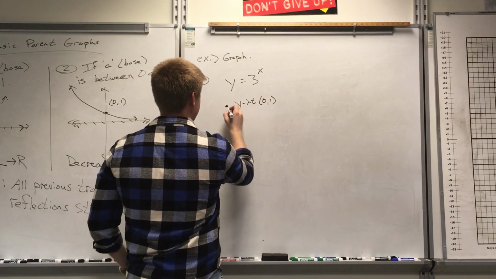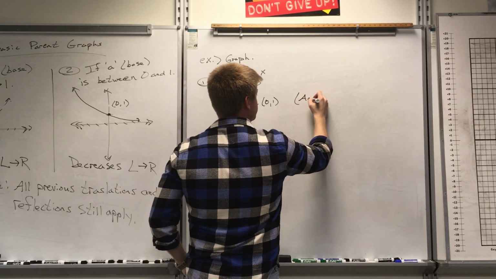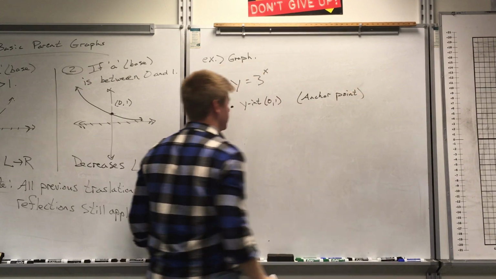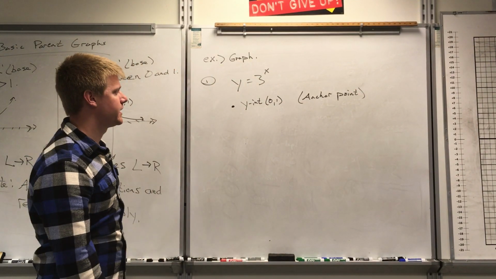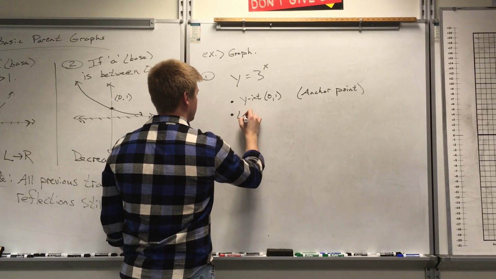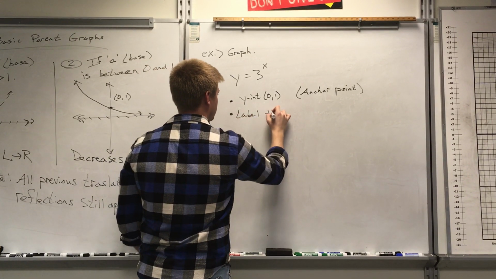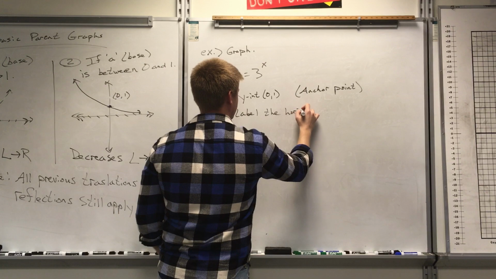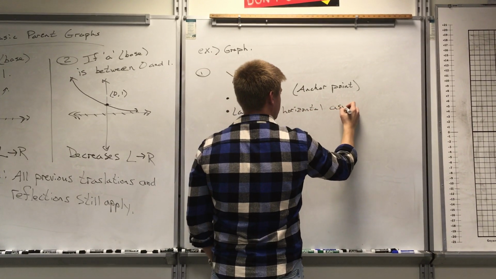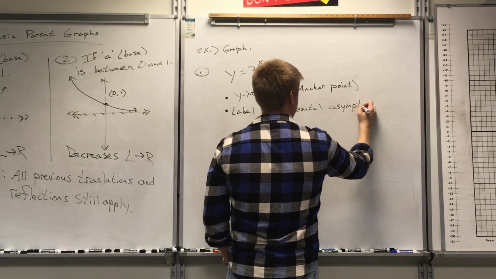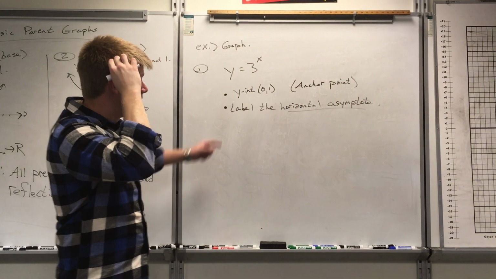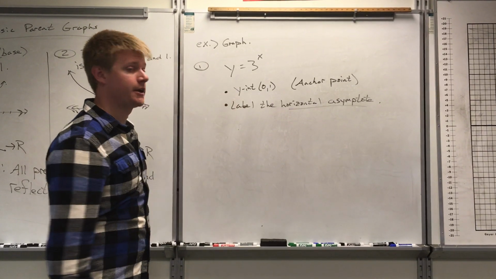Next part. These are going to be the key things that I want you to use for these graphs. First off, label what I like to call your anchor point that I know I've used in other sections. Number 2, also label the horizontal asymptote. Okay. Now, this one, once again, it's going to be just like a parent function.